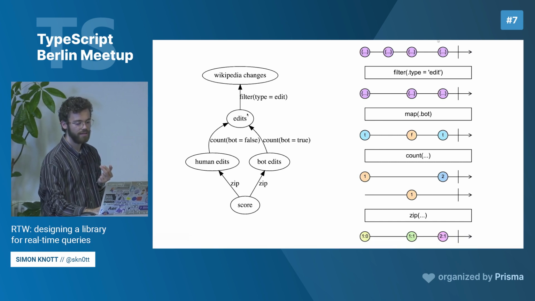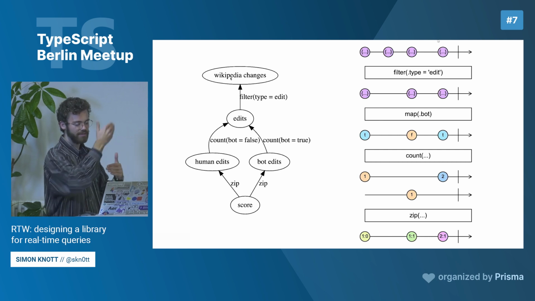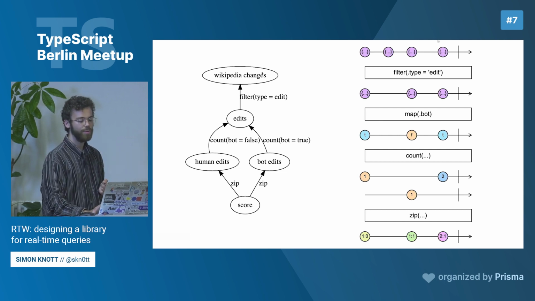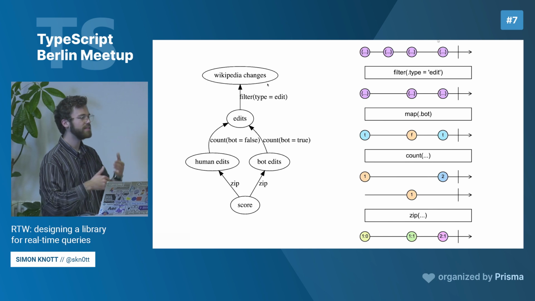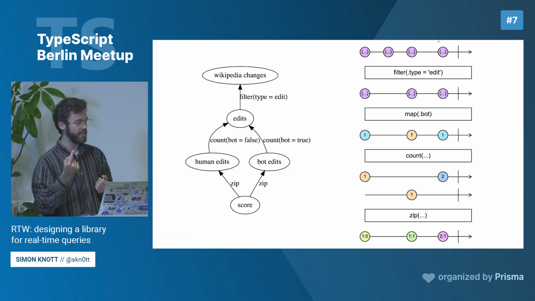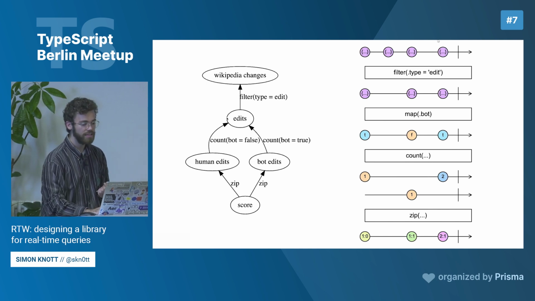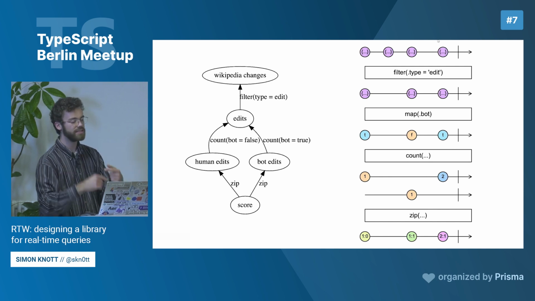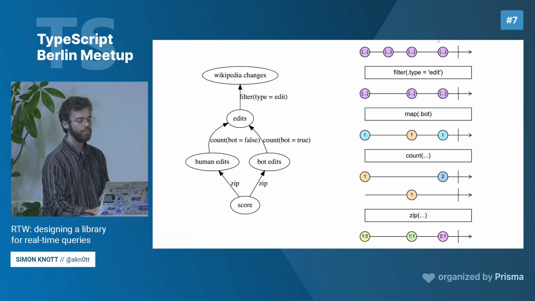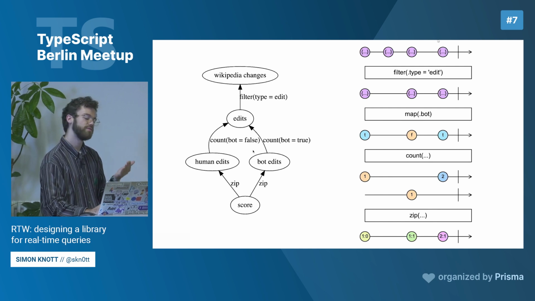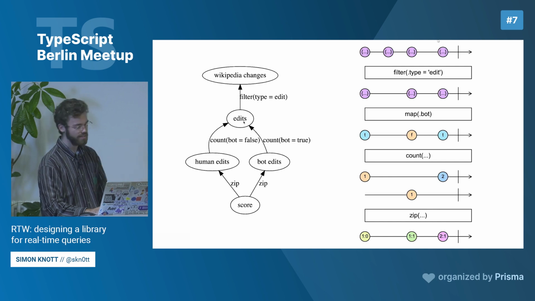So we have an edge, we have the dependency here. And whenever there's a new event in this one, we know because of dependencies that we also need to maybe update this one. And then we can do the same to the end. So we have this human edits count that's dependent on the edit stream. We have this bot edits count that's dependent on the edit stream.